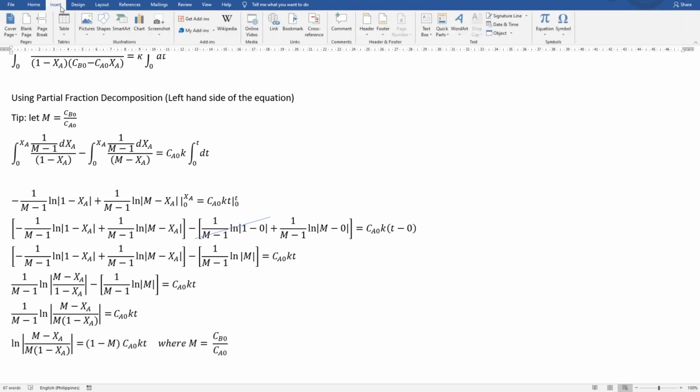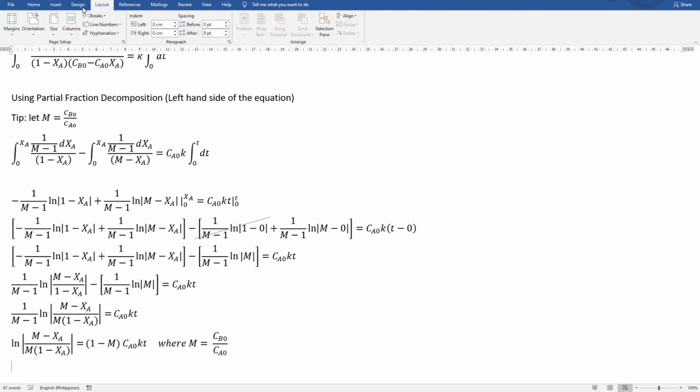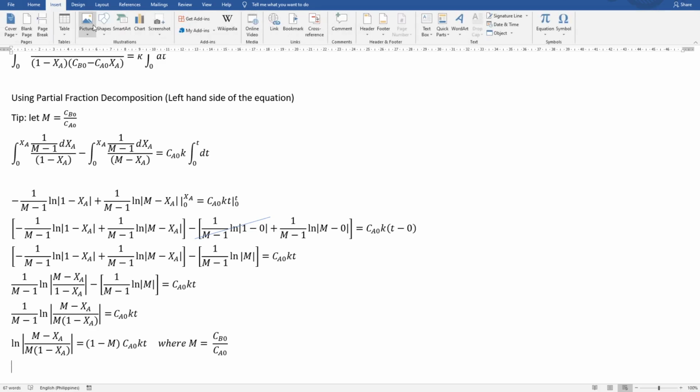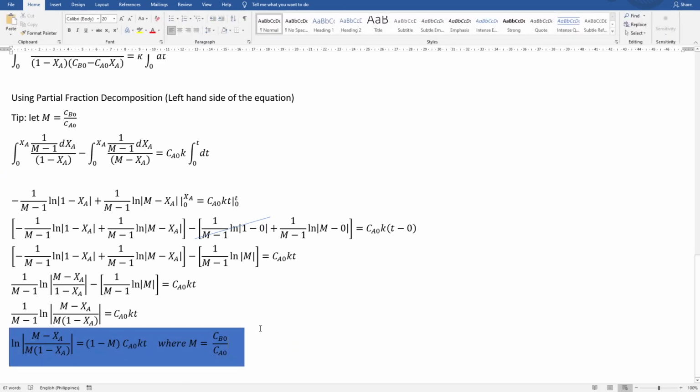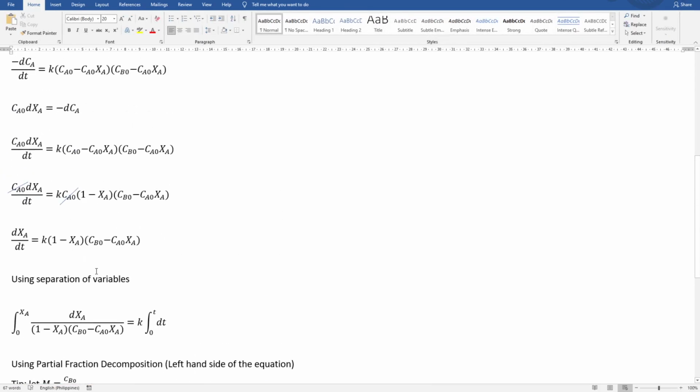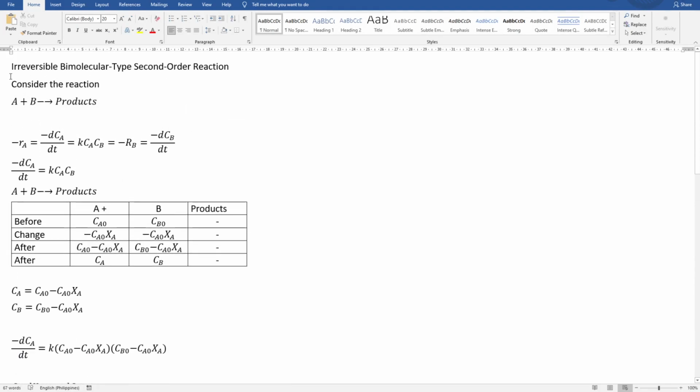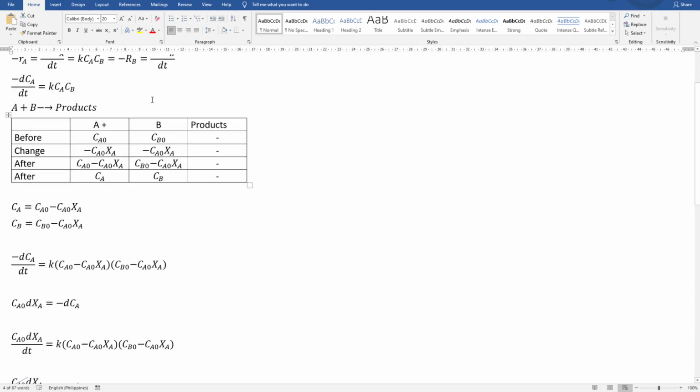So this is now, muna ni siya ang ato working equation. This is now our working equation for irreversible bimolecular second order reaction.